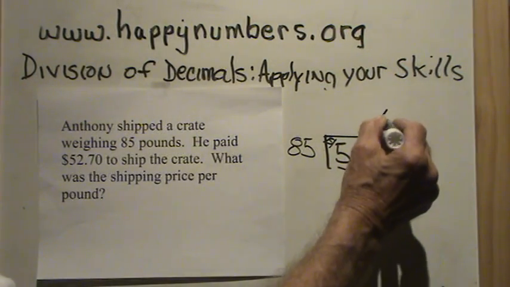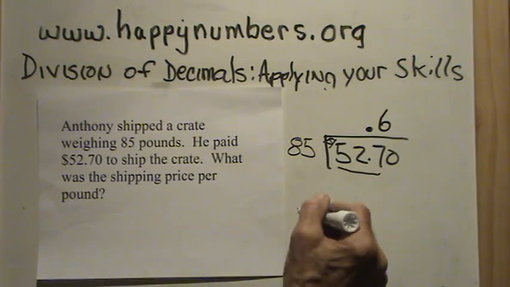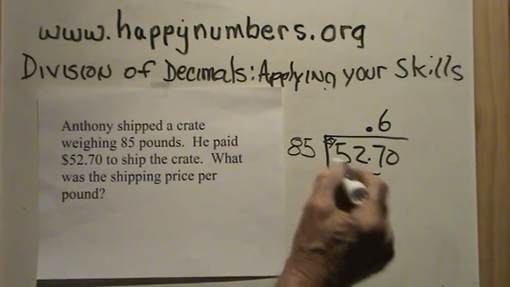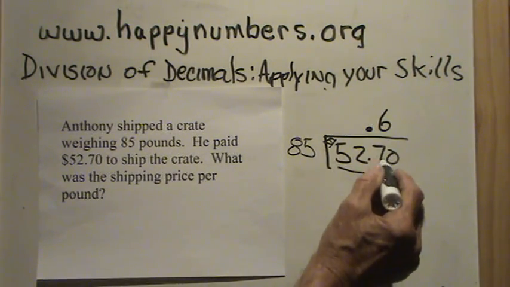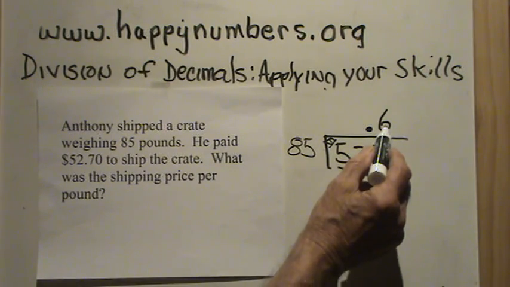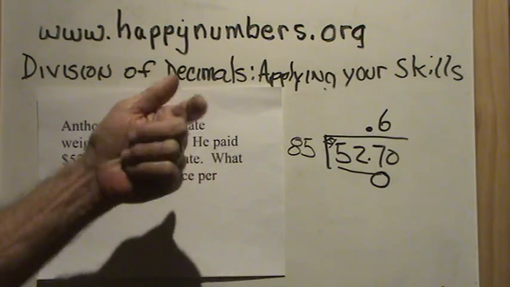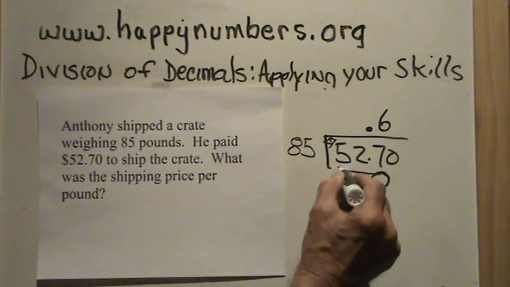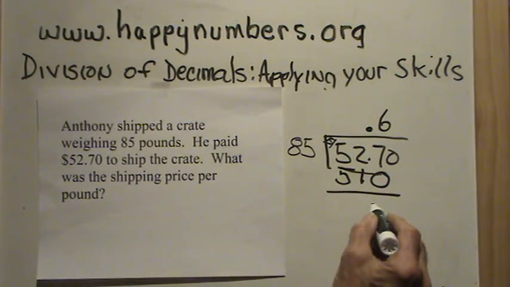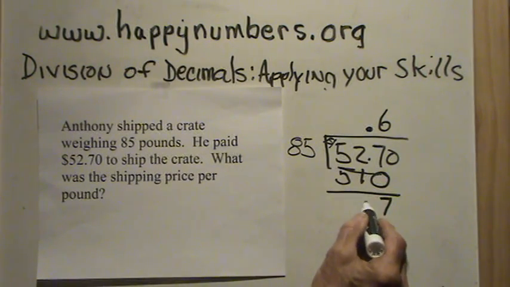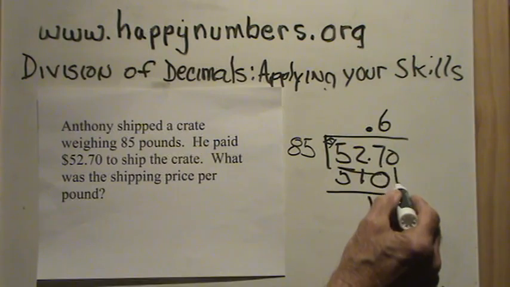I'm going to say 6 because I know 8 times 6 is 48, and that's close to 52. Let's try it. 6 times 5 is 30. Put down the 0 and carry 3. 6 times 8 is 48, and 3, 49, 50, 51. Okay, and I subtract. I get 7 take away 0 is 7. 2 take away 1 is 1. I bring down a 0.